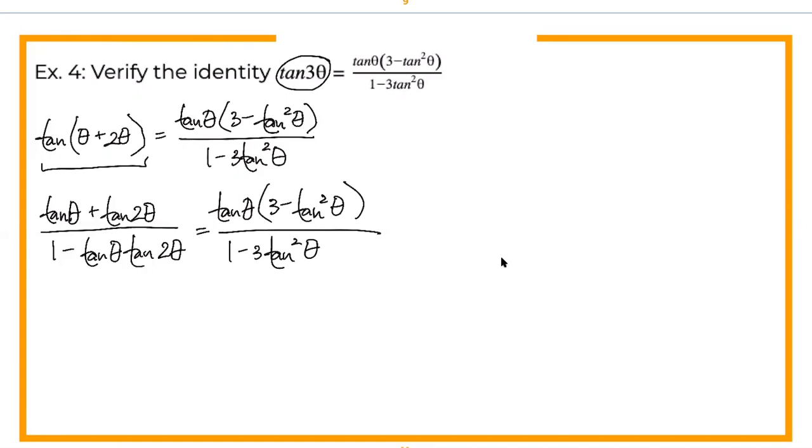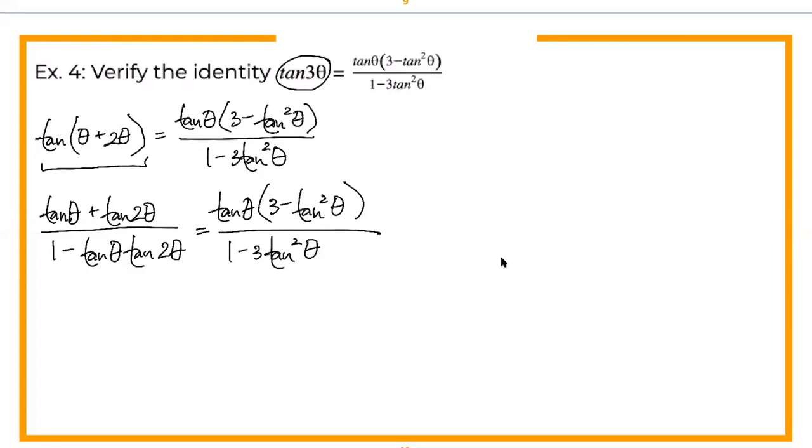No, but I could have written it as my sine theta over cosine theta. Like I can always write it like that. But why wouldn't I use that in this case? Because there's no sine or cosine present. Yeah, the other side, this side, has no sines and cosines, right? So we want to make sure we move in the direction closer to what we're looking for rather than further away from what we're looking for. Okay, so that's why in this case, I'm choosing to use the tangent one.